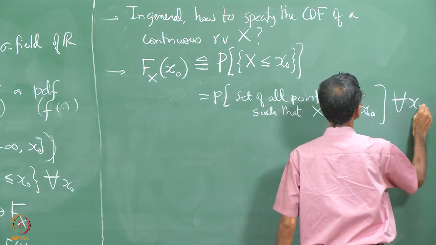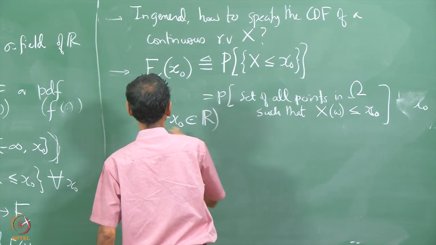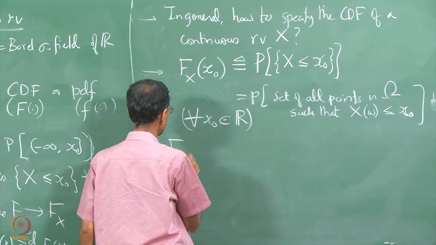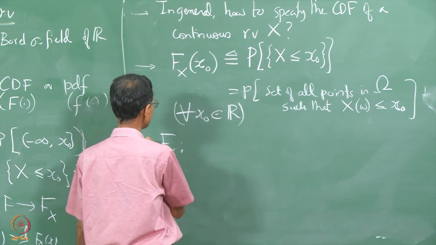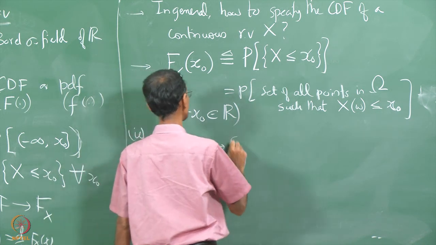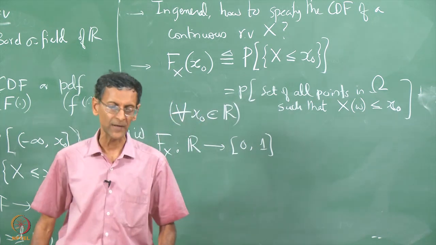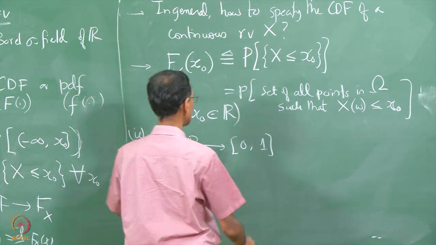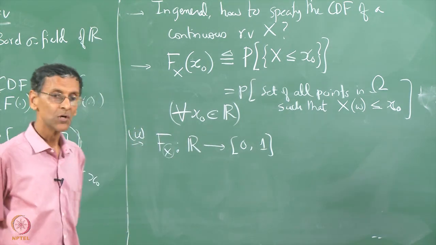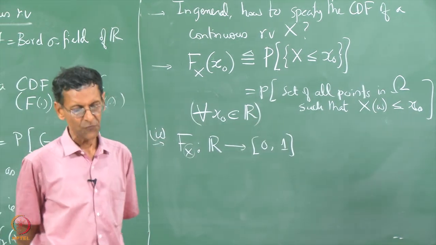So, let me write it here: for all real numbers x naught. In other words, this capital F, as we said earlier, is a mapping from the entire real line to the interval 0 to 1, because it always takes values only between 0 and 1, being a probability. We have said this several times earlier, but now the only thing we are doing is attaching this subscript to the F. So, this is the general procedure.